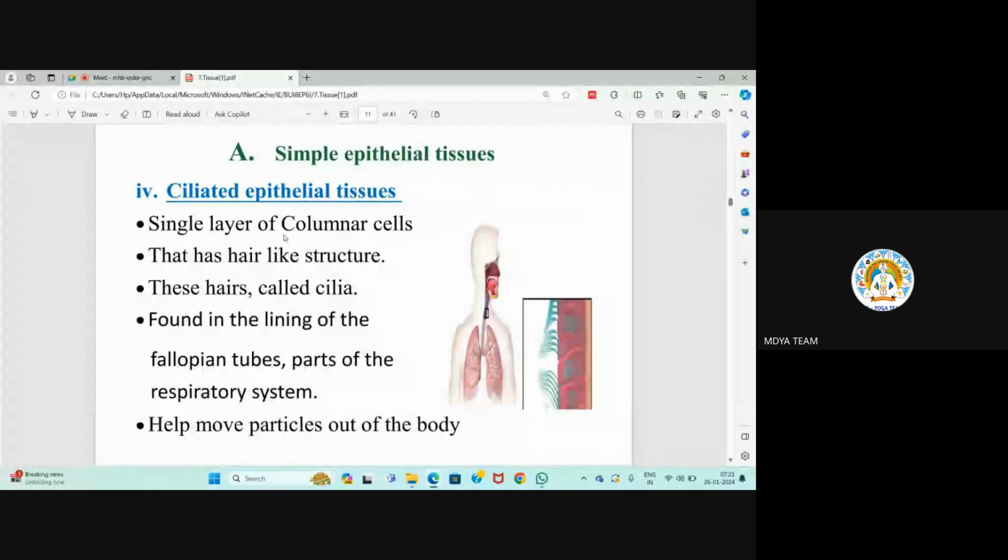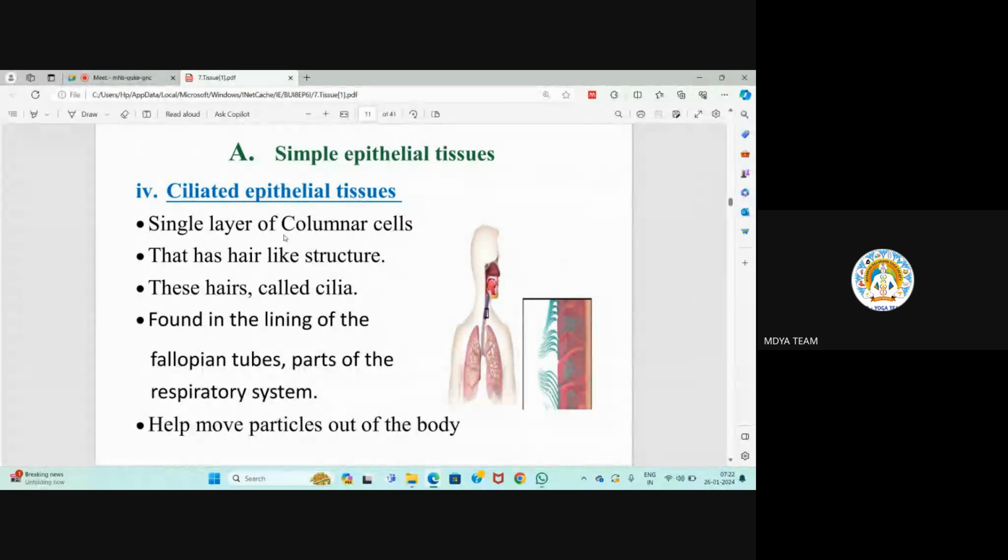Means, if you have mistakenly swallowed something, or anything went into your respiratory tract, then you will cough it out, right? So when you are coughing, the cilia are helping that particle to go out. In the fallopian tube also, when a female is producing an egg in her ovary, that egg, when it is not fertilized, has to come out to the uterus.